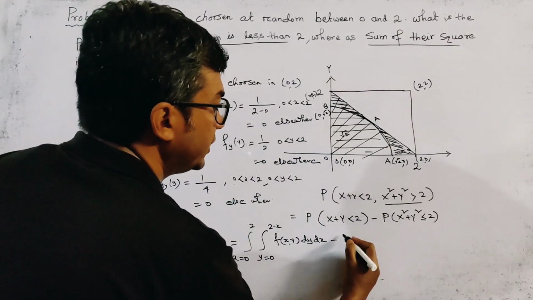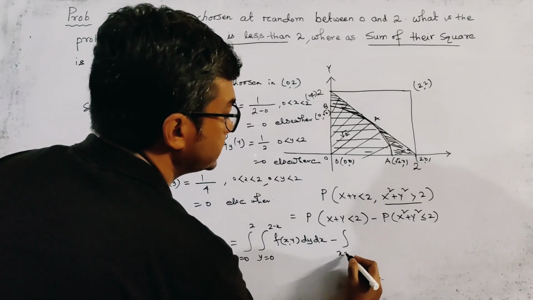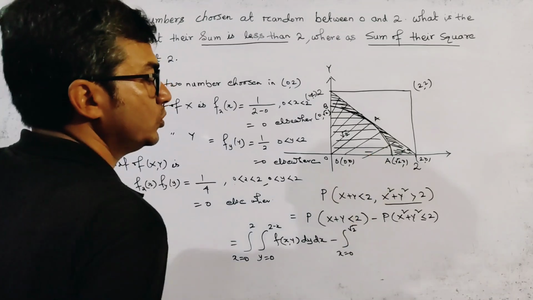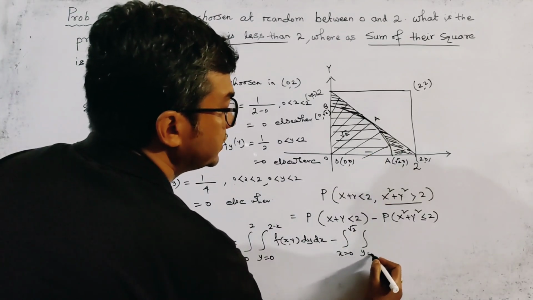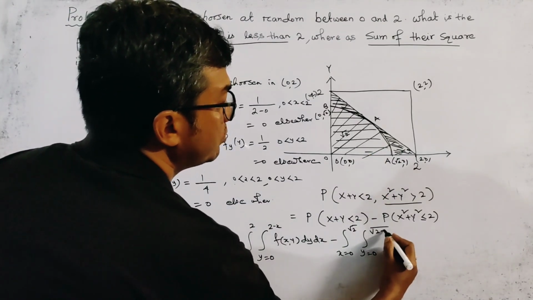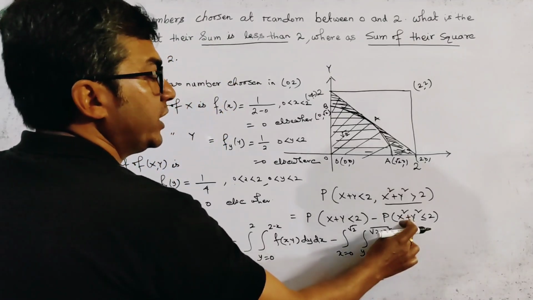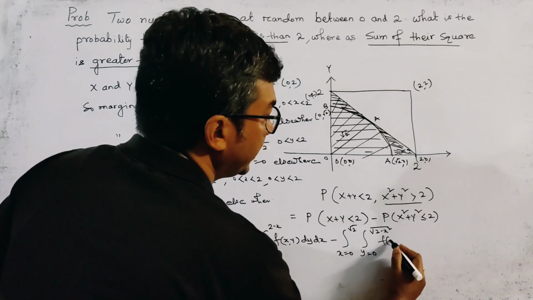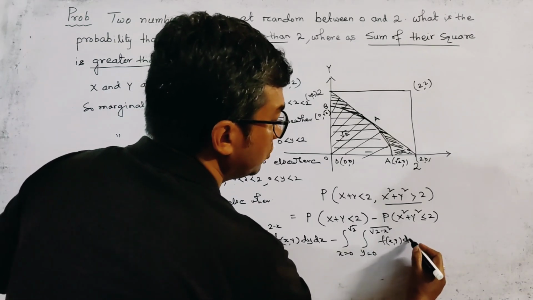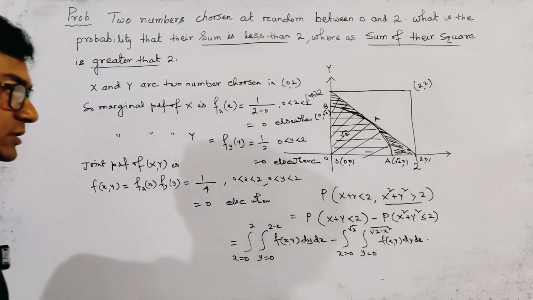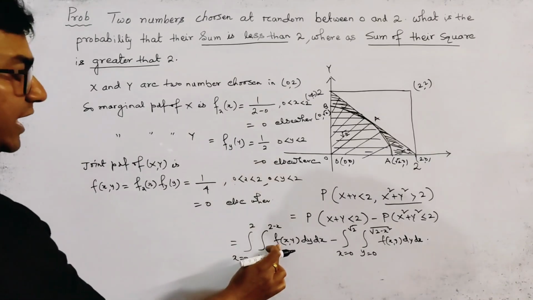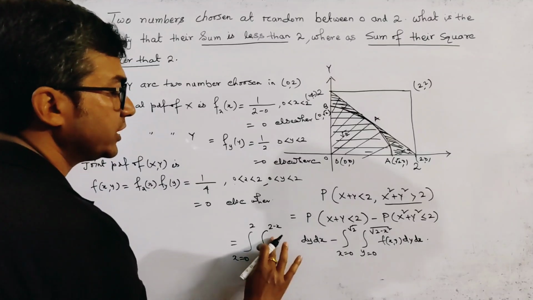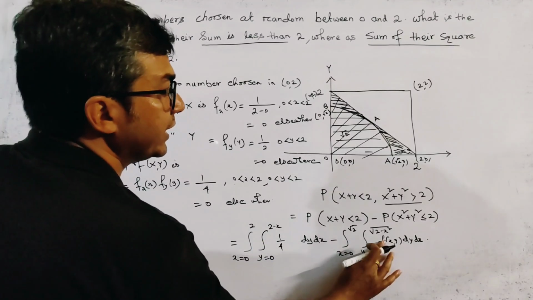Minus the integral of x from 0 to root 2, because the range is 0 to root 2, and y from 0 to root of (2 minus x squared), because y is less than or equal to root of (2 minus x squared), and this is also f_XY dy dx. Now f_XY means 1 by 4 in both cases, so we put the value 1 by 4 here and here also.